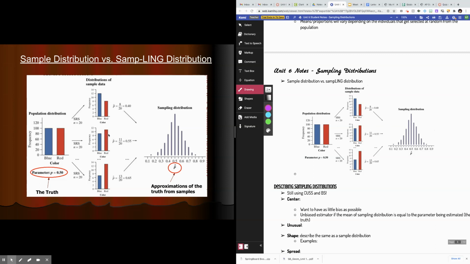Typically, when you're taking samples, you start from a population, which has a set true value about it, a set parameter, which we might know or we might not know. So here, in the population distribution, the parameter is the truth.